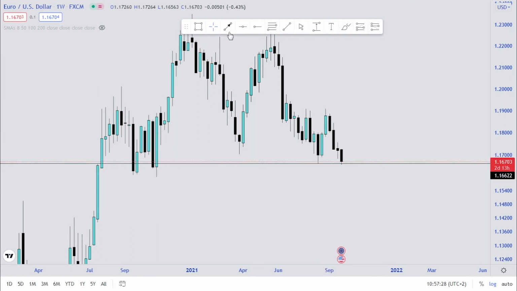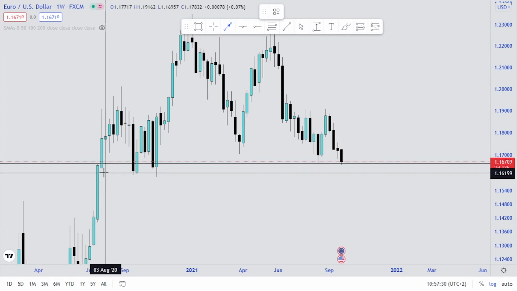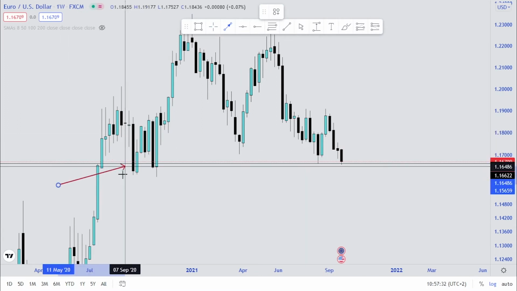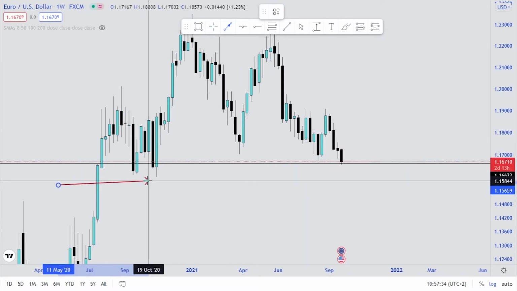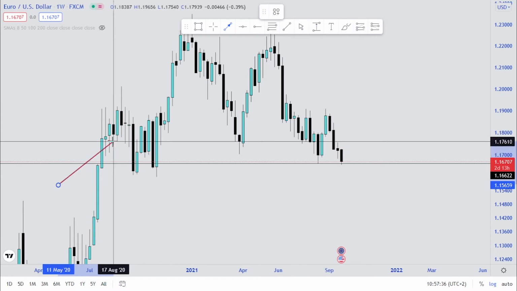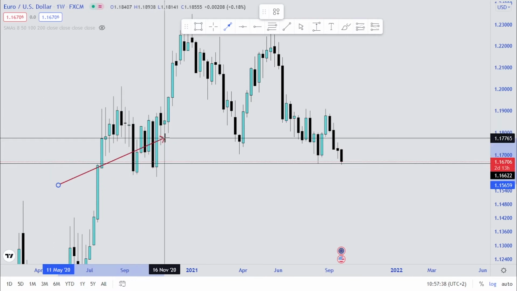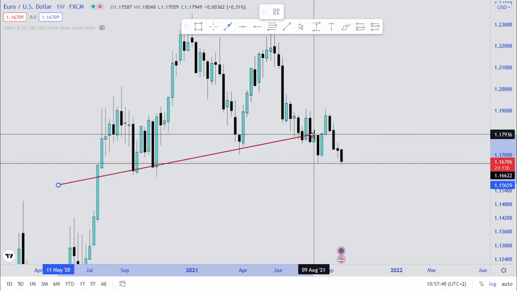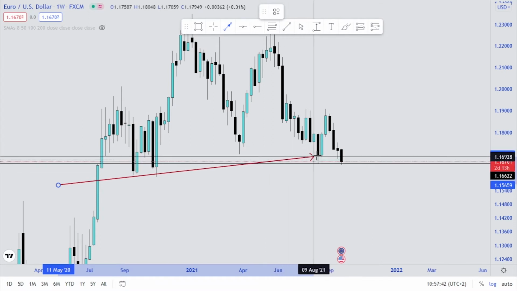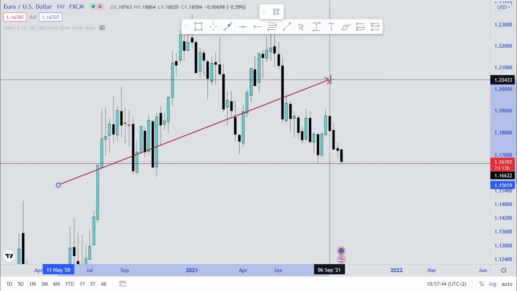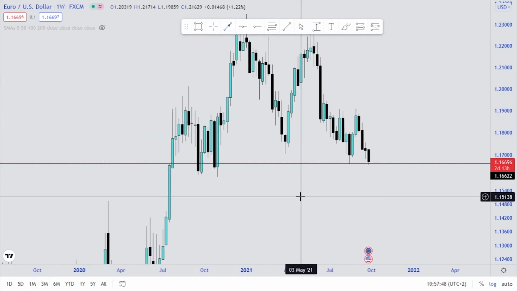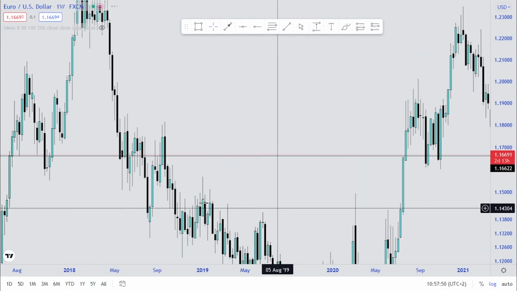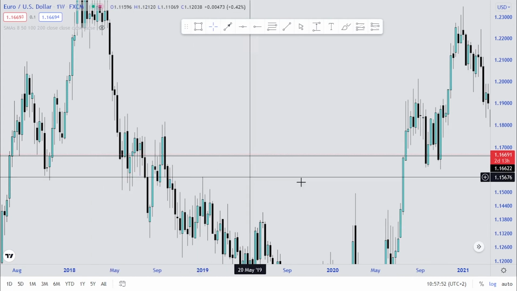We can see how price was respecting this weekly level previously, right? Here it's also a demand area. Price was just running into this area and then gave us a beautiful impulse to the upside. So now we know that price is basically at this strong demand weekly level.